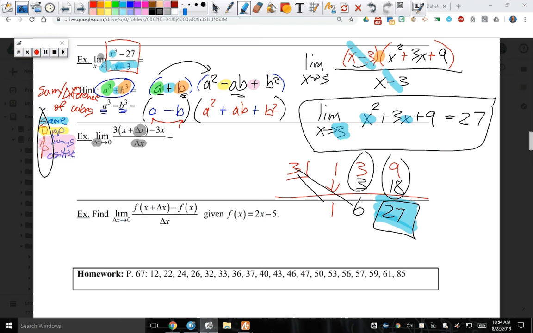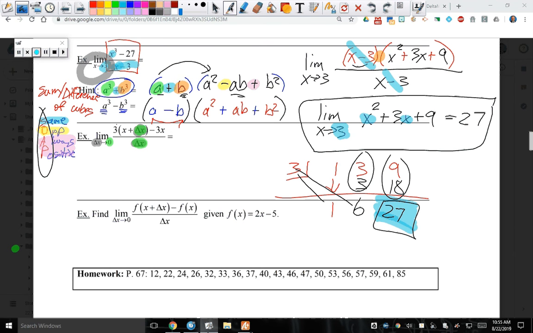Think of it the way we thought of 3 up here, or x. You see what I'm saying? Here we go. If I plugged in 0 right here, right now, it would be 0 over 0. Okay? So we have to do some algebraic manipulations.